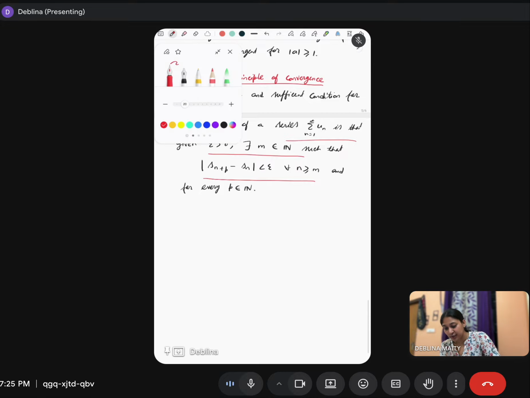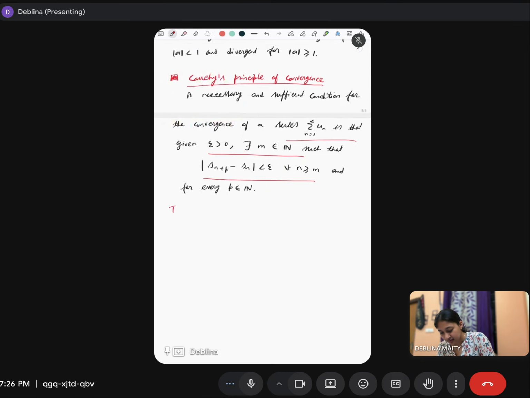And using this principle, we are going to prove a theorem which is a necessary condition for convergence. So what is theorem 1?